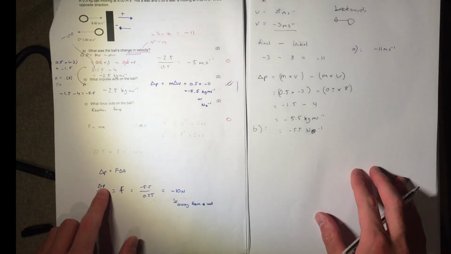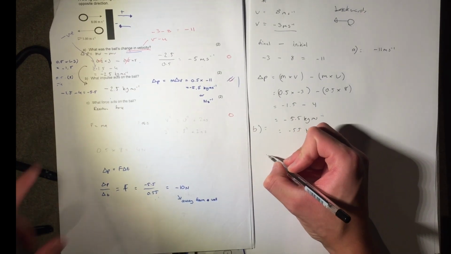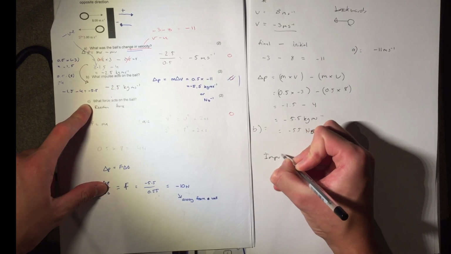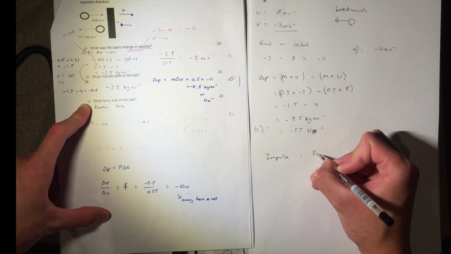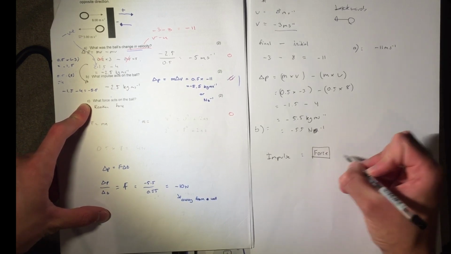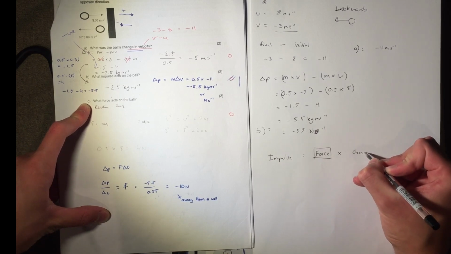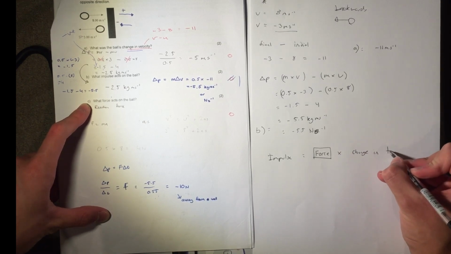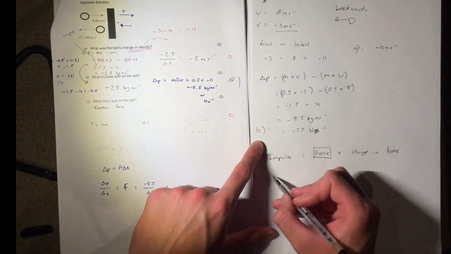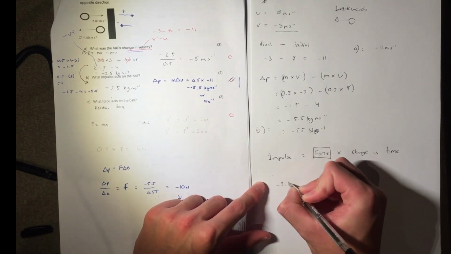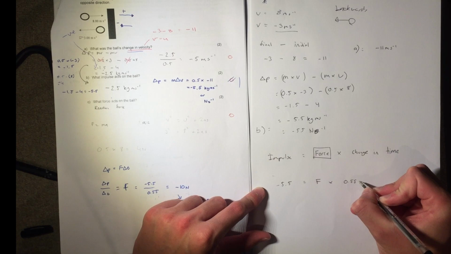So it looks like the impulse equals the force, which is what we're looking for, times the change in time. So we have the impulse from part B, negative 5.5, equals force times 0.55 seconds.